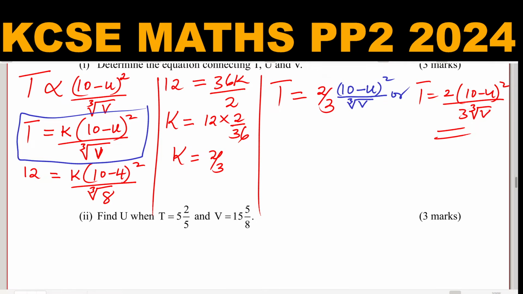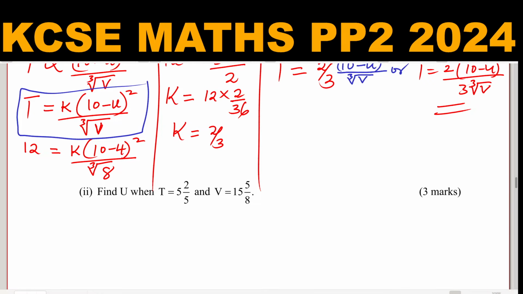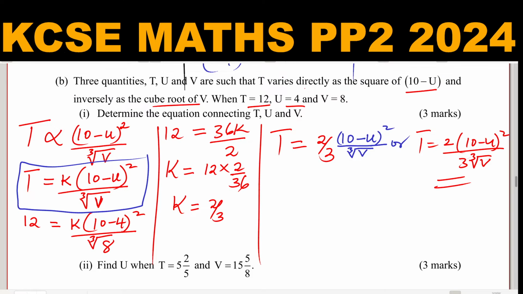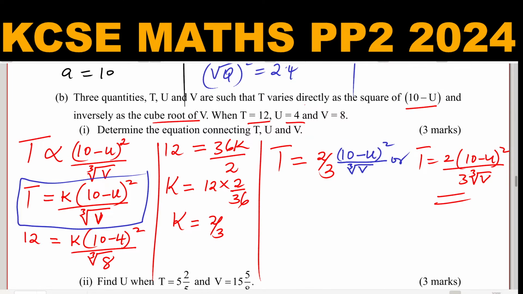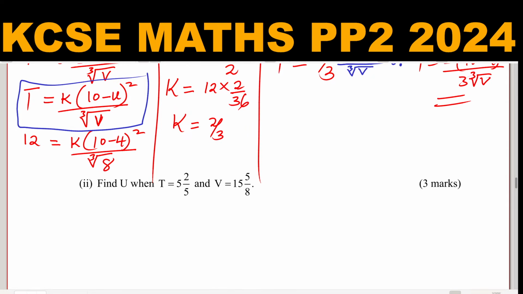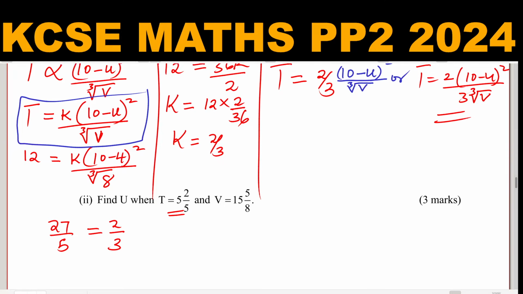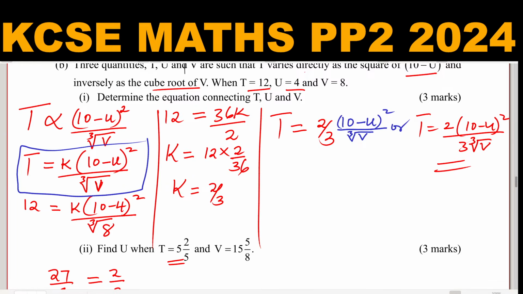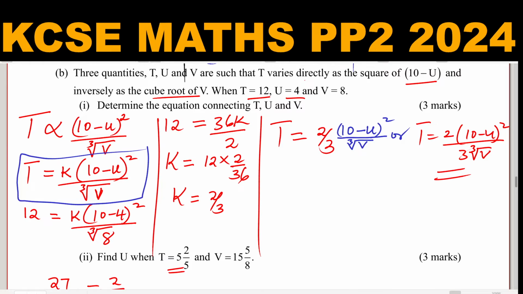So T is 5 and 2/5, and I will convert this to an improper fraction. So this will be 27 over 5 is equal to 2/3. I'm using the equation that you have already obtained from part B1 above.